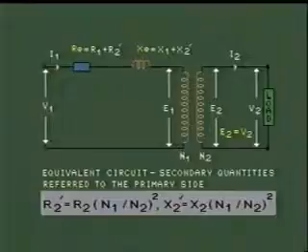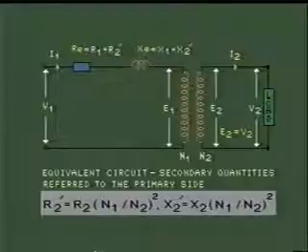Now how these values have come, that is the referred values of resistance and reactance either on the secondary side or on the primary side, have already been explained to you earlier.